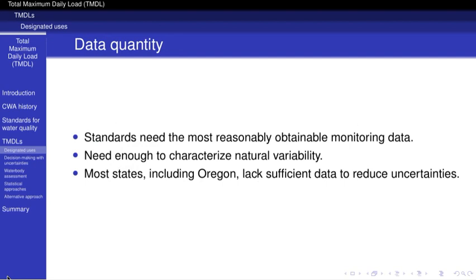Water quality standards need the most reasonably obtainable monitoring data. That is, there should be a sufficiently large number of samples to characterize natural variability and excursions beyond that. Unfortunately, Oregon and most states don't have enough spatial and temporal data to limit data uncertainties.